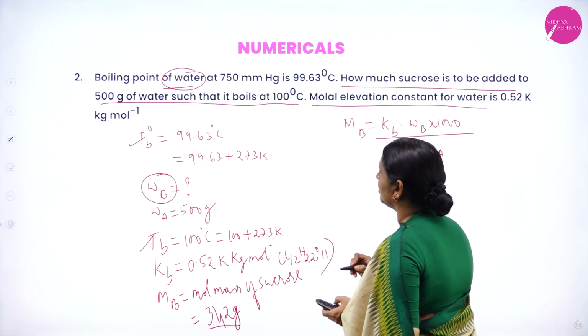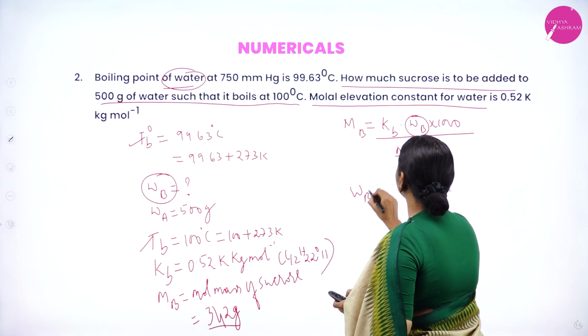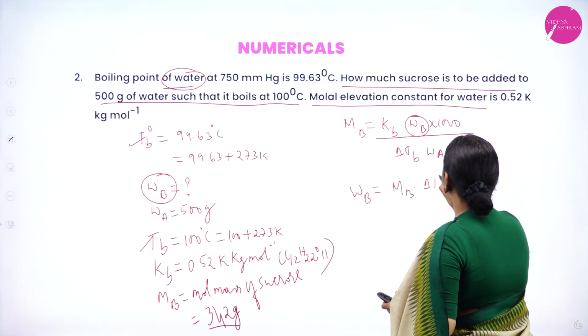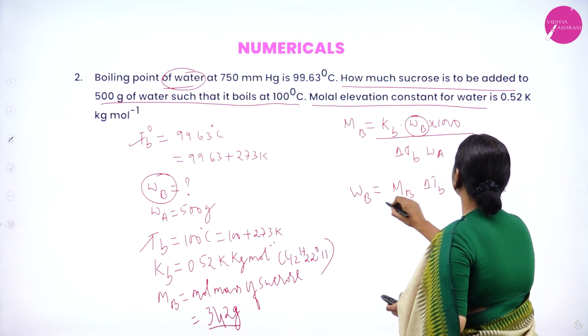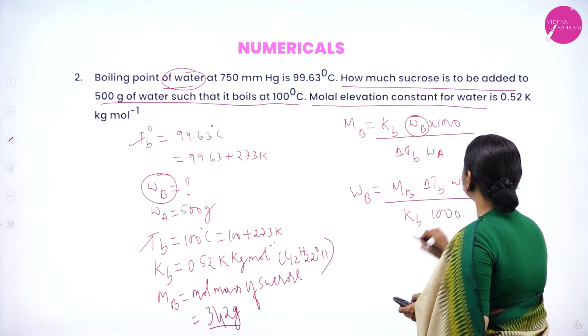You have to find out WB. So WB is equal to MB into delta TB into WA divided by KB into 1000.